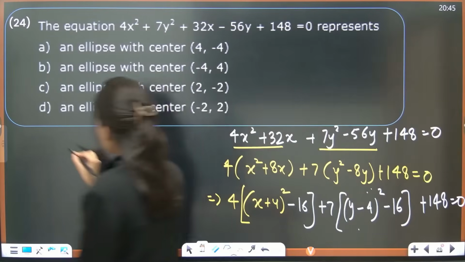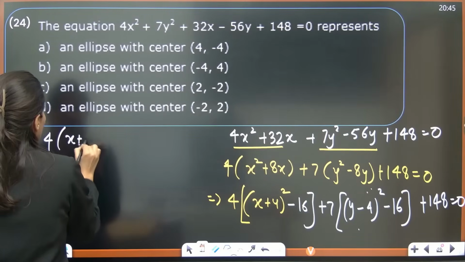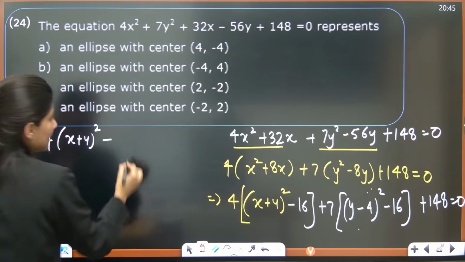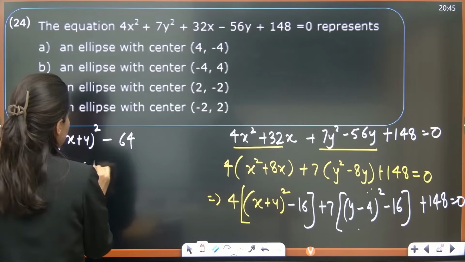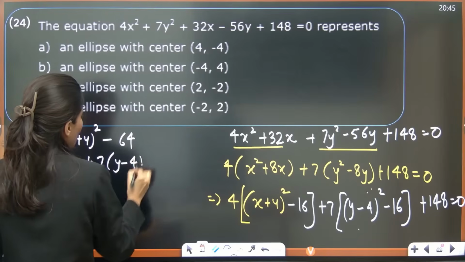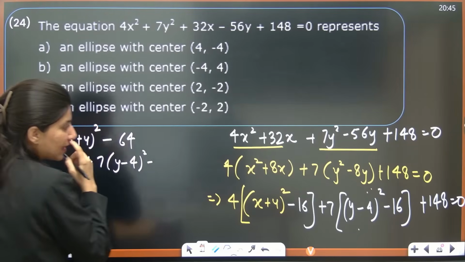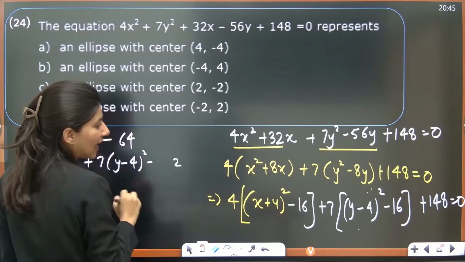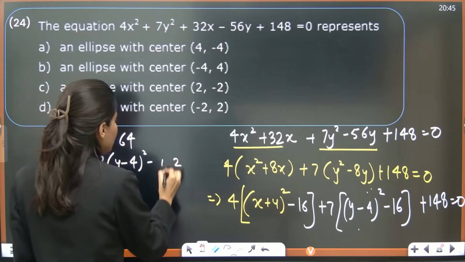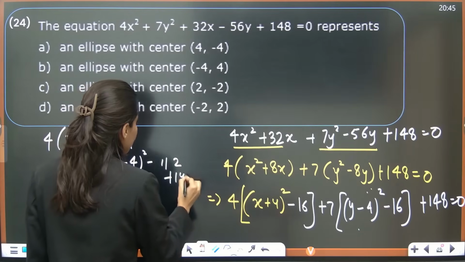Solve it right away. So this is 4 times (x plus 4) whole square minus 64, plus 7 times (y minus 4) whole square minus 7 times 16, which is 112, plus 148 equals 0.